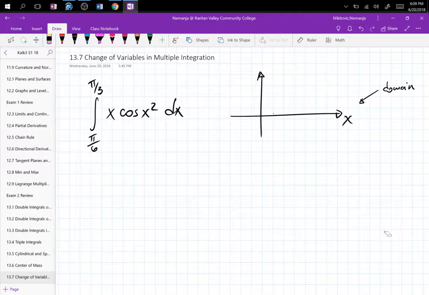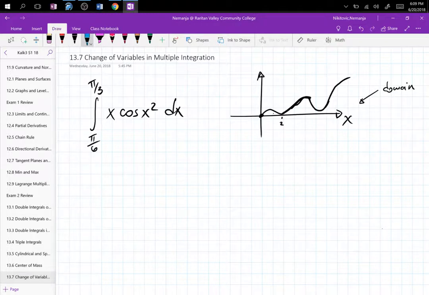So x cosine x squared would actually look like this. So this is what it looks like on the screen, right? And they say that this is around 2, so our interval is in here. So here is a bump.